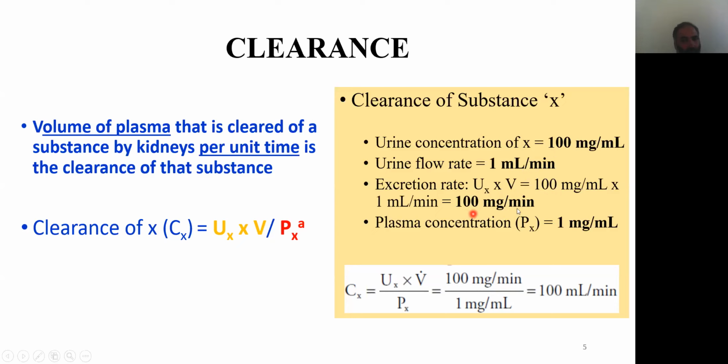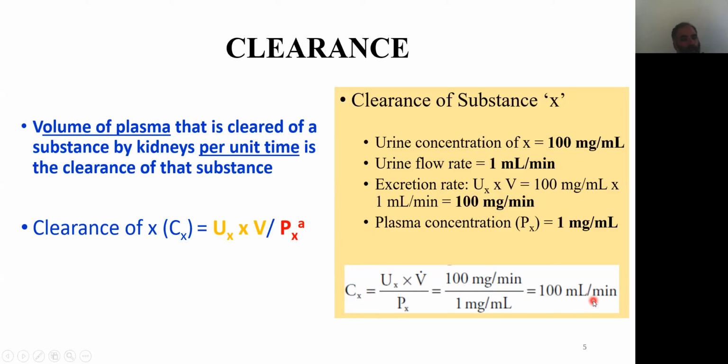They become tricky as you go through certain scenarios that may come in MCQs and SEQs. And the plasma concentration, let's say, is 1 milligram per ml. So when you put all of this in this formula, which is given here, the clearance of substance X comes out to be 100 ml per minute.